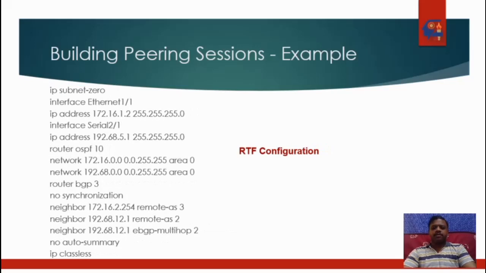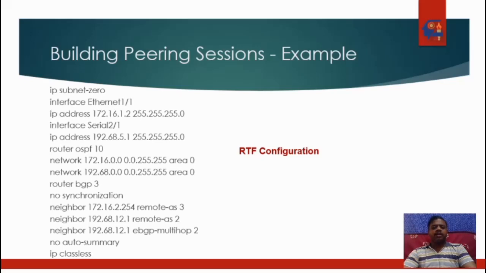In RTF's configuration, you can see the ebgp-multihop 2 command is used as part of the neighbor configuration. This indicates that the exterior BGP peer is not directly connected and can be reached at a maximum of 2 hops away. Remember that eBGP multihop is applicable with only eBGP, not iBGP.